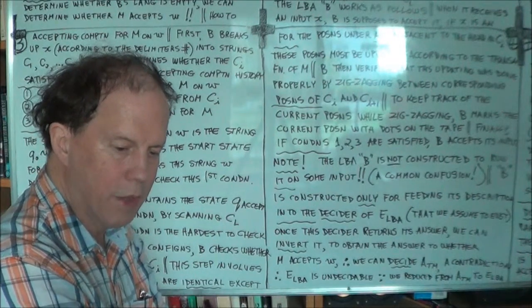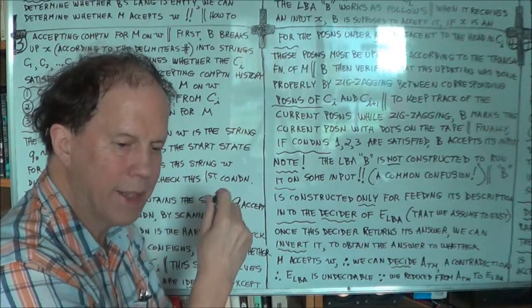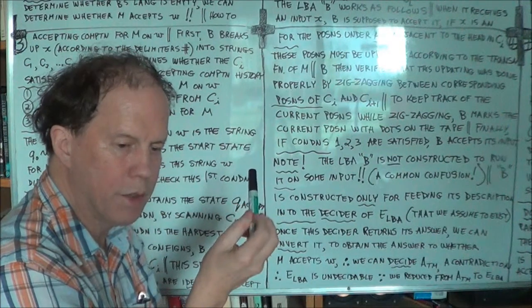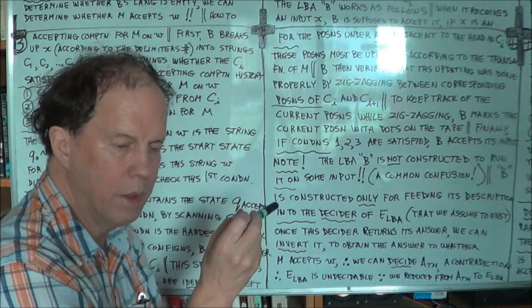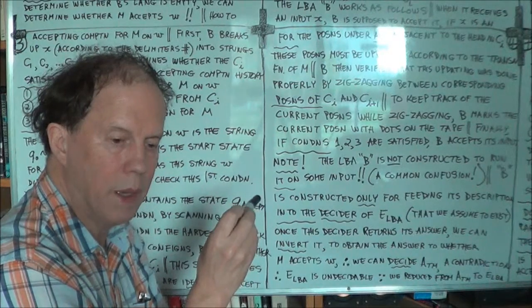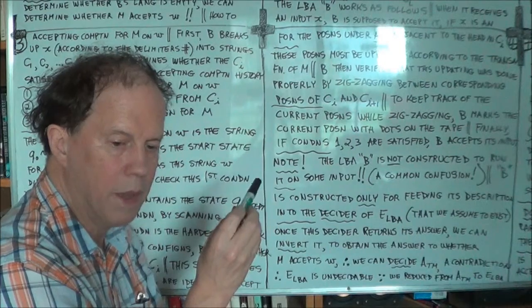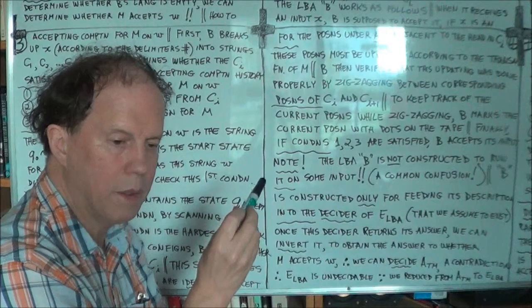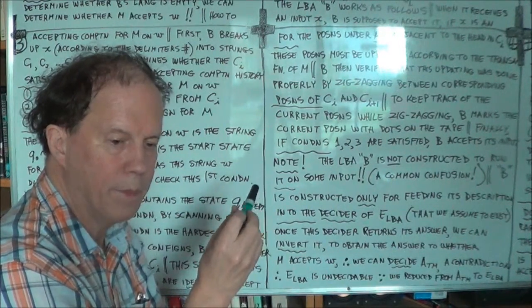It's the set of strings that are the accepting configuration histories. So if there are none of them, that means that the Turing machine M did not accept. So it rejected.